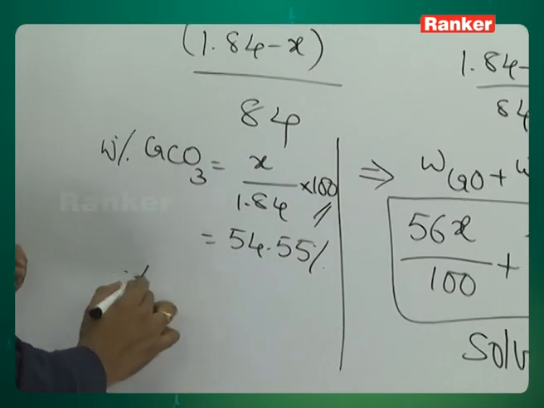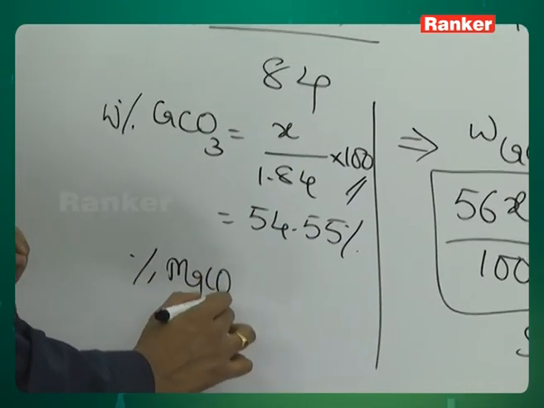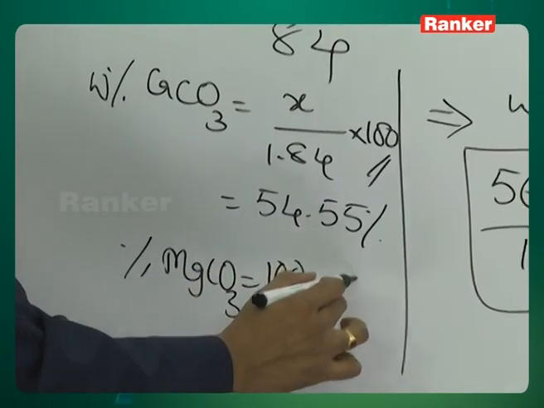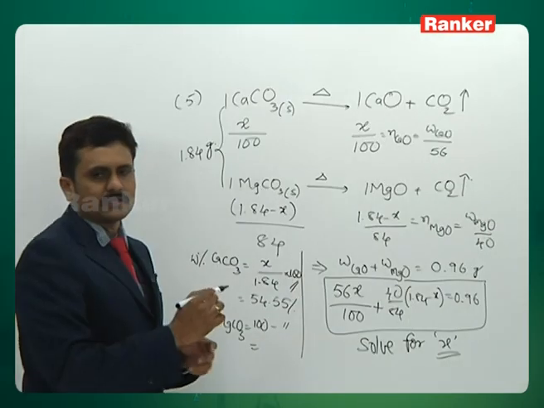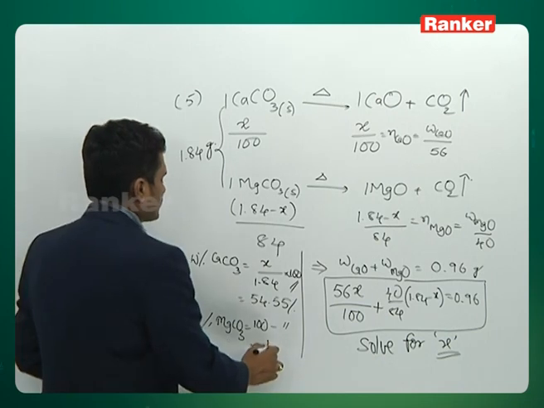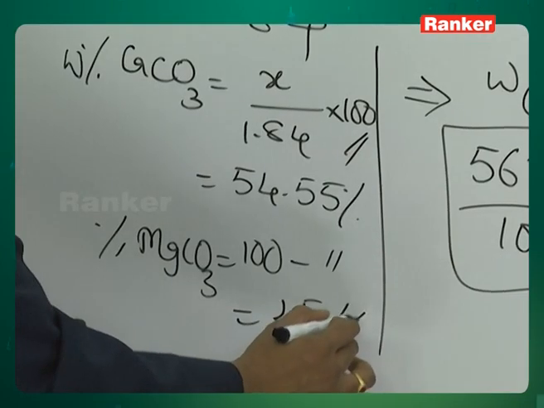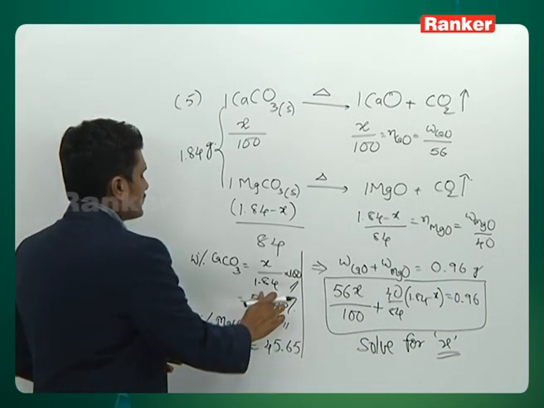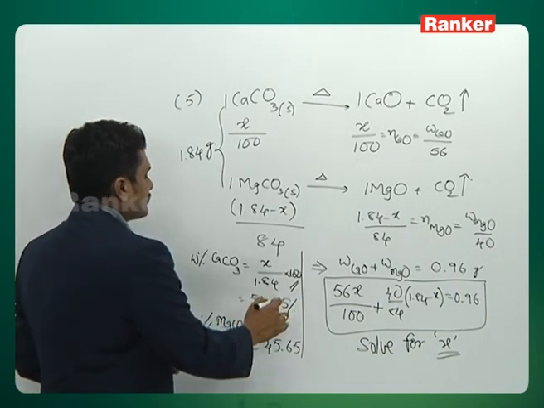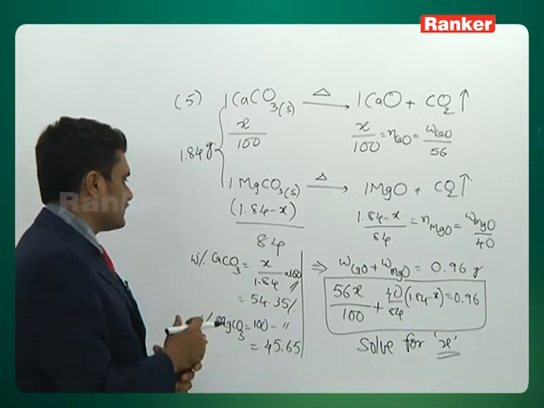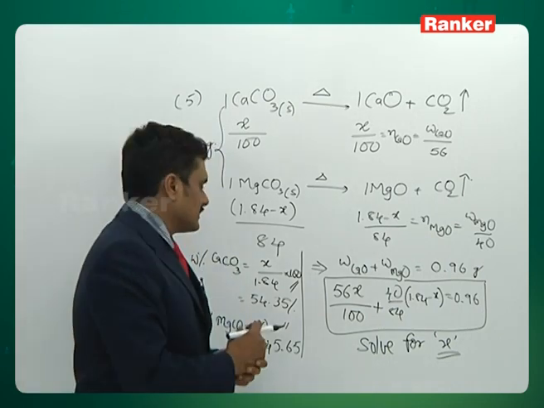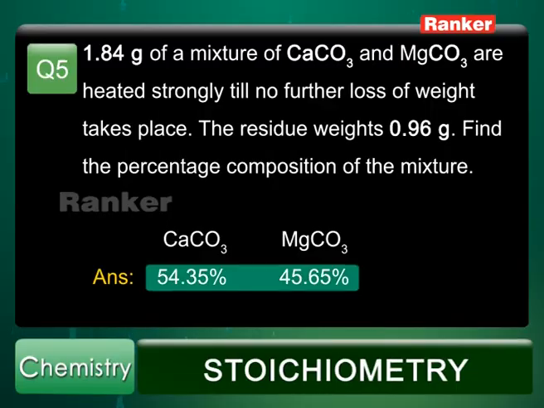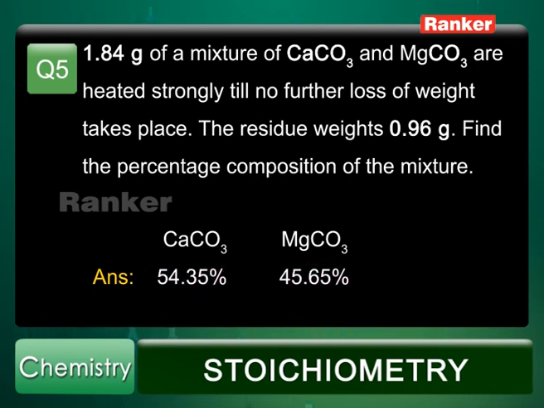So the percentage of magnesium carbonate will be 100 minus this, which turns out to be 45.65. So here we got the answers. First we obtained the value of X, and from there we get the ultimate answers as 54.35 and 45.65 percent of each in the sample.